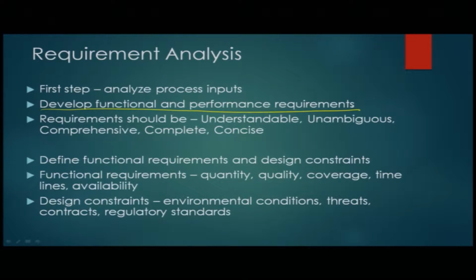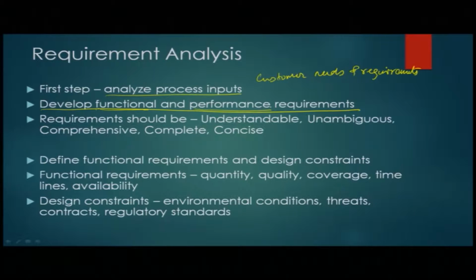So once the customer has given you the needs and the requirements, your first job is to analyze these inputs, which are the customer needs and requirements, as we saw earlier. Once you analyze that, from there you develop functional and performance requirements.